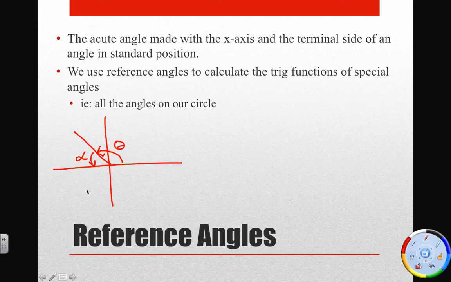This alpha is my reference angle. And what it ends up being is actually what I said at the very beginning. The sine of alpha is the same as the sine of theta. And what that means is we can use this very simplistic idea to calculate trig functions of all of our special angles. We can end up using our hand trick for every single quadrant.